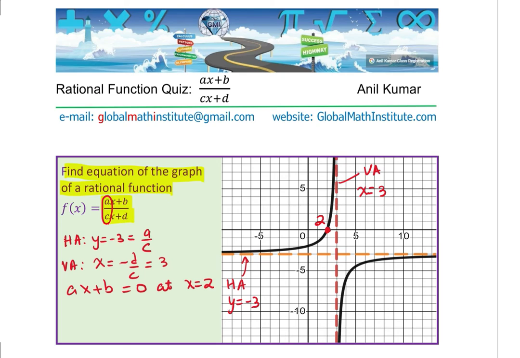So if I substitute 2 here, then we get 2a plus b is equal to 0. Correct? From y-intercept, which is at x equals to 0, you get b over d equals to minus 2.